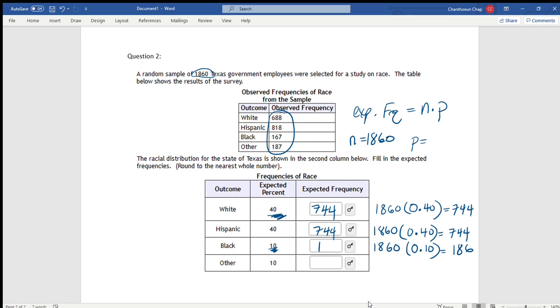So we expect 10% of the population to be black. Now for the last part, we have 1,860. Again, the other is 10%, so we'll multiply by 0.10. This gives us the exact same number, 186 individuals of other race.